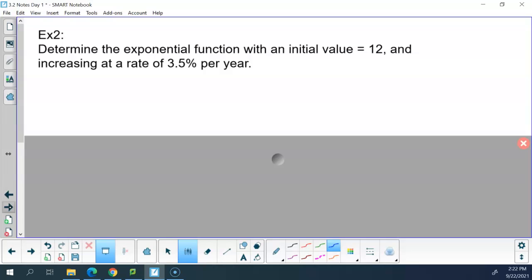Example number 2. Determine the exponential function with an initial value of 12 and increasing at a rate of 3.5% per year. So again, we want to go y equals a times b to the x.